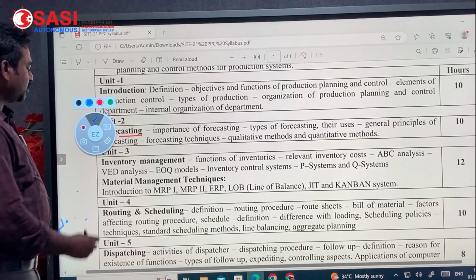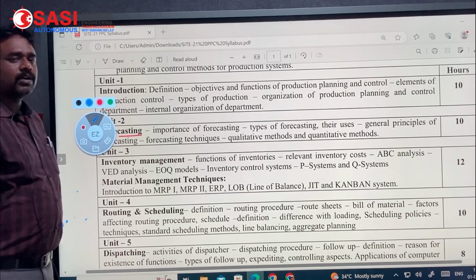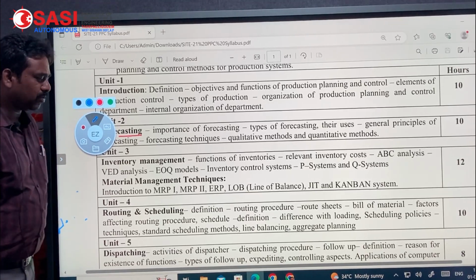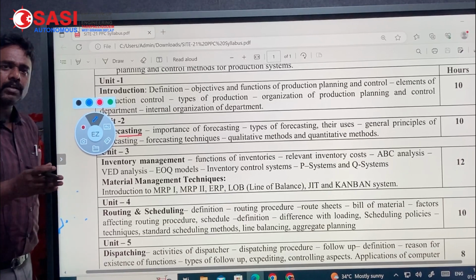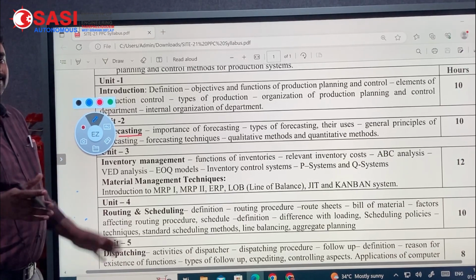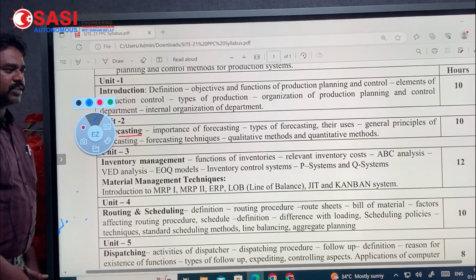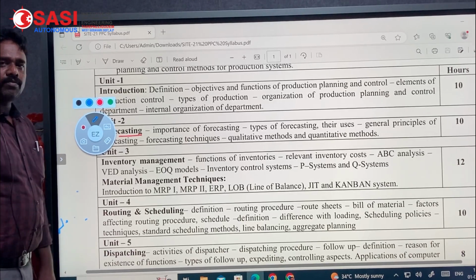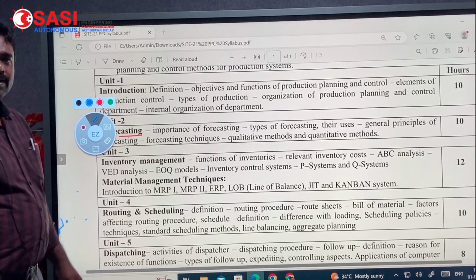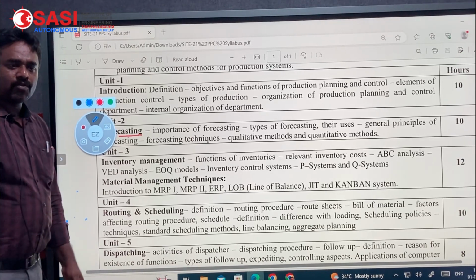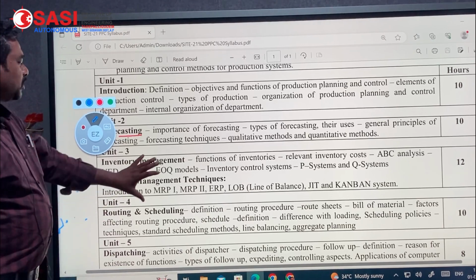For example, there are different automobile companies available in the market. Some companies are able to maintain a lump sum stock in their godowns. For example, if we see our Indian manufacturing company like Maruti, there are big godowns where they place a large number of manufactured cars.